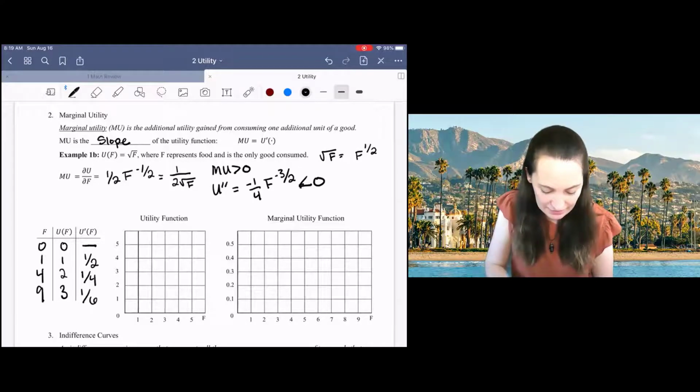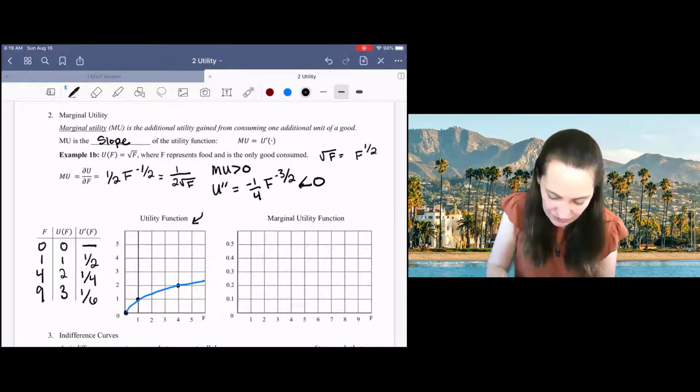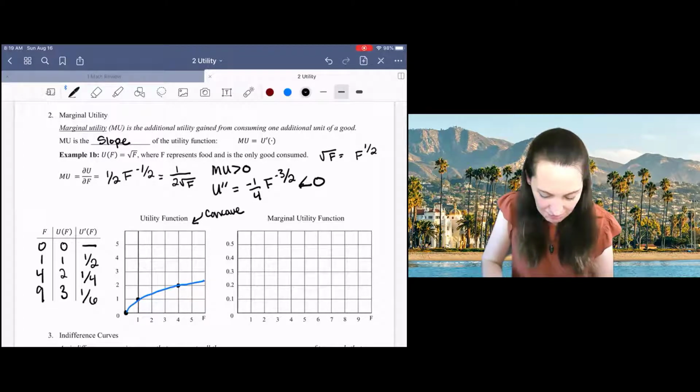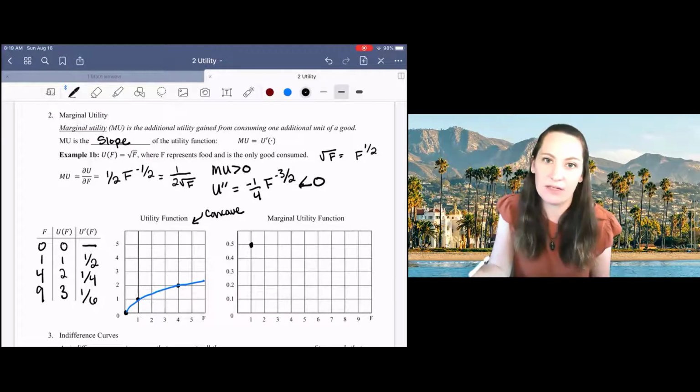This is the same utility function we were using before, so you'll remember it looked like this. It's concave, meaning it has a positive first derivative, negative second derivative. And the consequence is that my marginal utility is decreasing, right? It's positive, but the slope of the marginal utility function is negative.